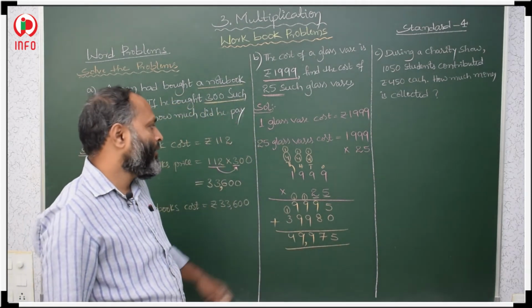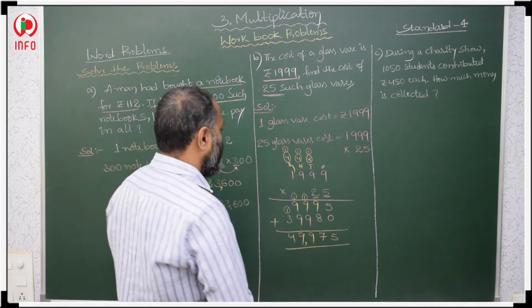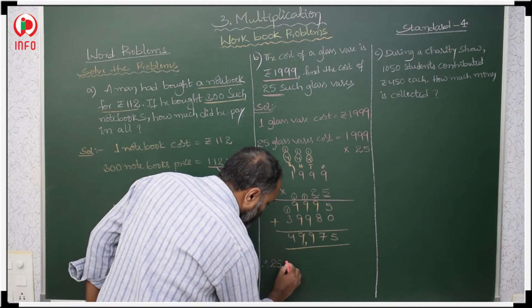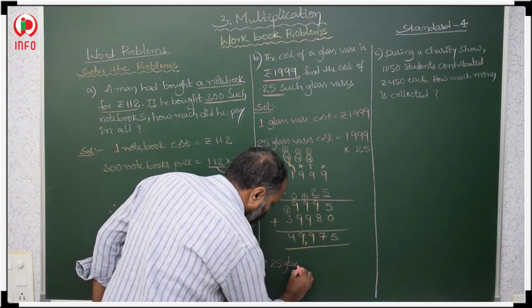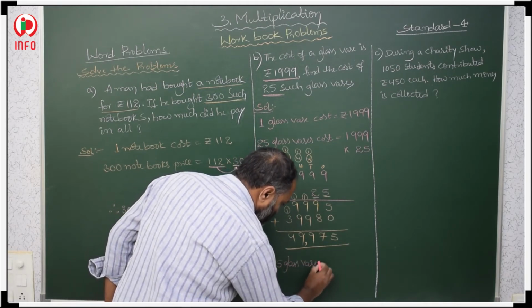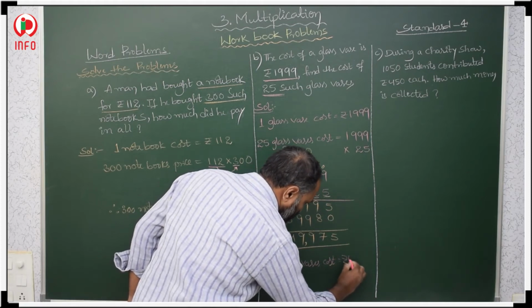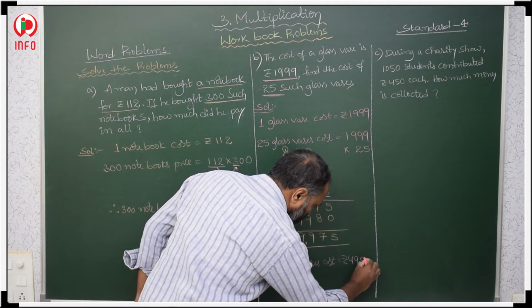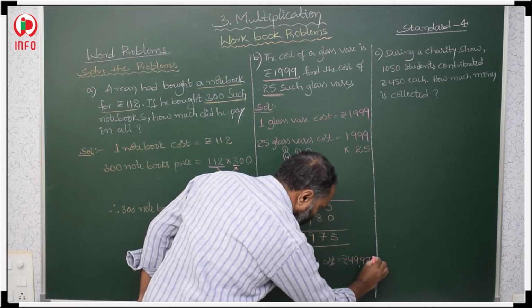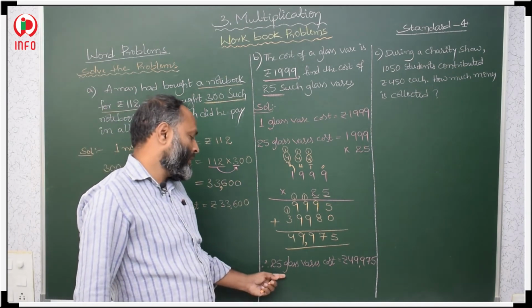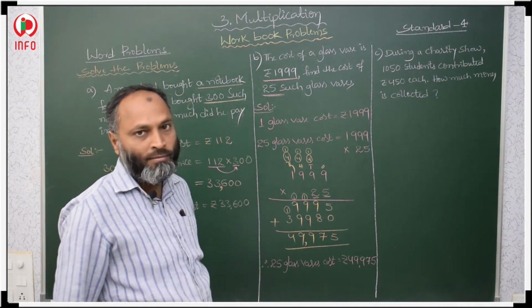How many? 25 glass vases cost. Therefore, 25 glass vases cost how much? Rupees 49,975. This is the cost of 25 glass vases.